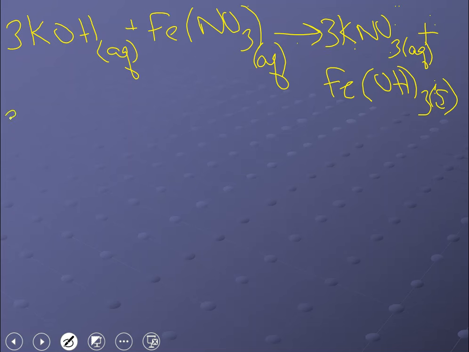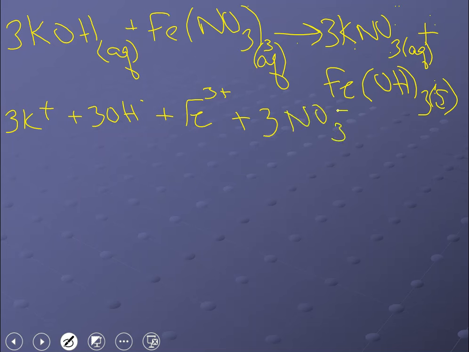So up here we've got 3 potassium ions, with their plus charge, plus 3 hydroxide ions, with a negative charge, plus 1 iron, and its charge we can determine by the equation here. Knowing the charge of nitrate is -1, we have 1 iron, so it must be a +3 charge. And that 3 on the outside of the parentheses tells us how many nitrates we have.